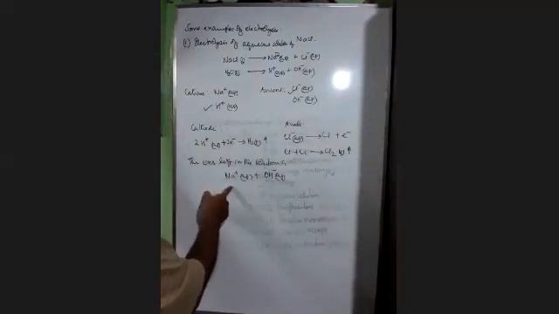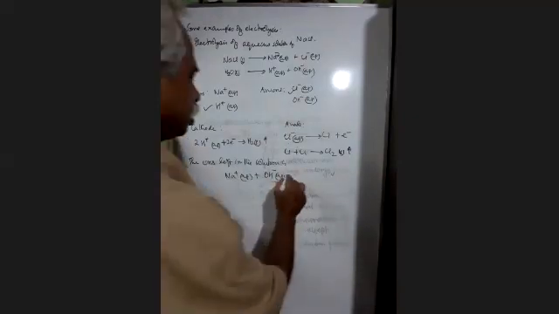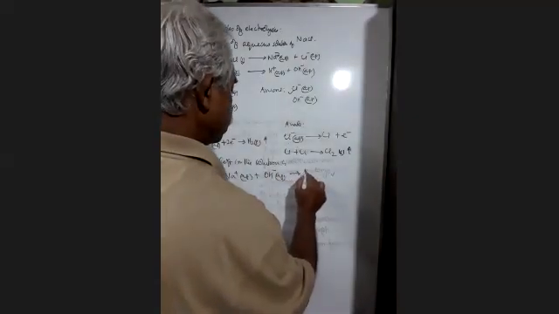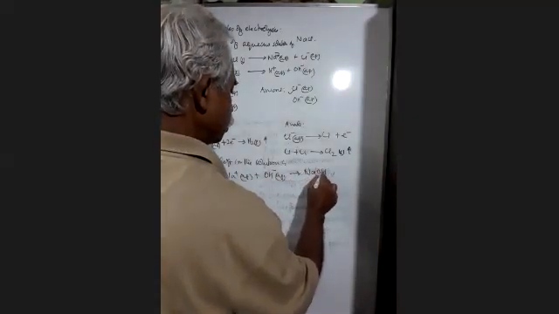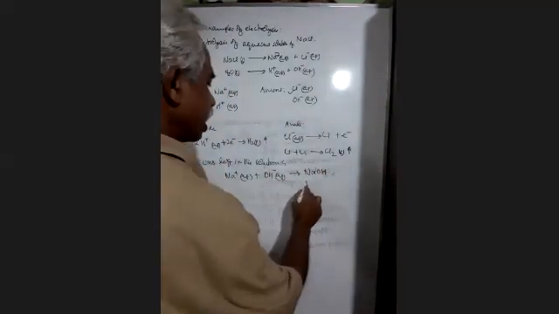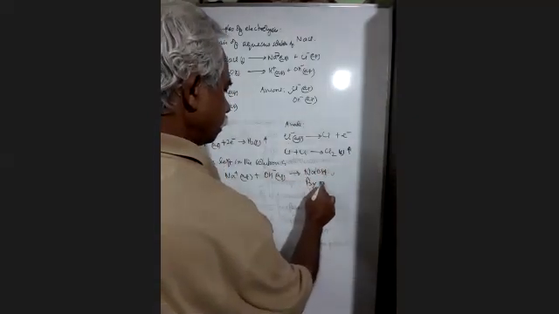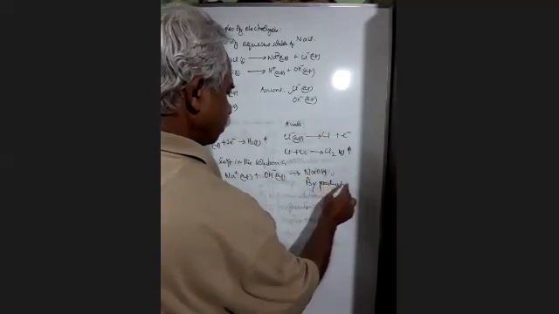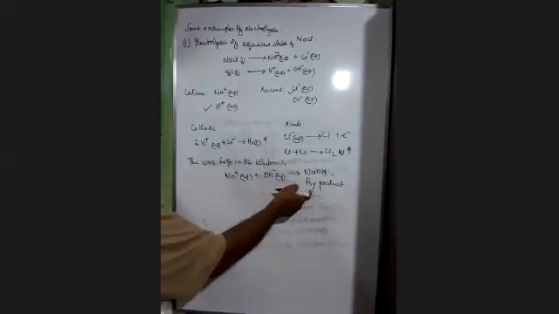Okay. So the solution will gradually have more sodium ion and more hydroxide ion. So when they combine, what will they give you? Sodium hydroxide. So this is the product. Okay. This is the industrial preparation of sodium hydroxide, which you read in class 11.